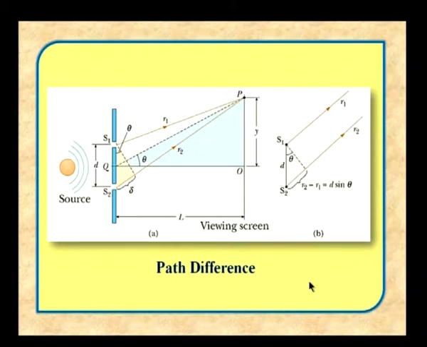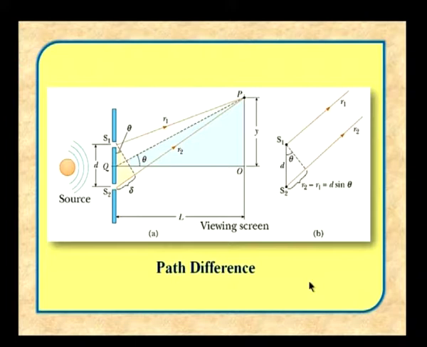Let me repeat again. If delta is lambda, that means if the path difference between the two light beams is lambda or 2 lambda or 3 lambda, as I told you in the previous lectures, if the path difference is an integral multiple of lambda, that is the condition for constructive interference, because a crest and a crest coming from the two sources will meet, or a trough and trough will meet, giving rise to constructive interference.